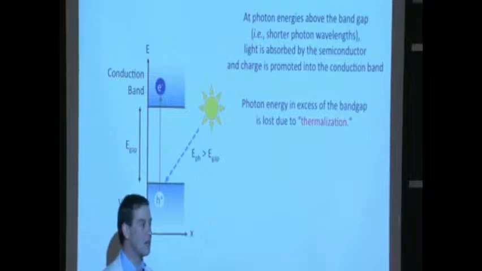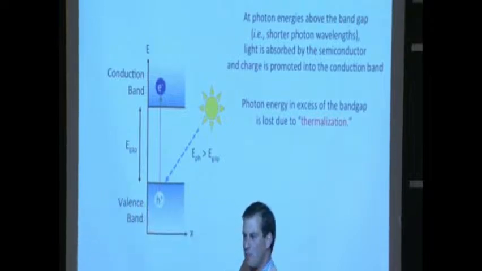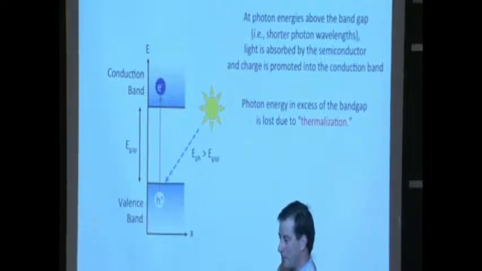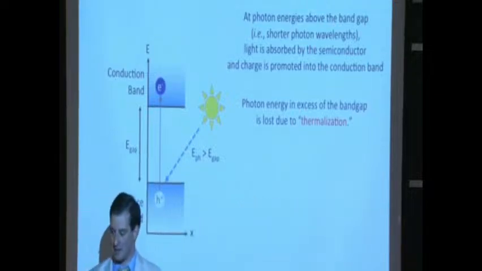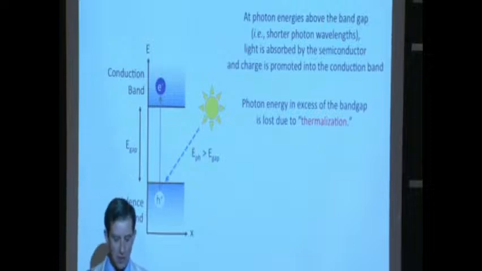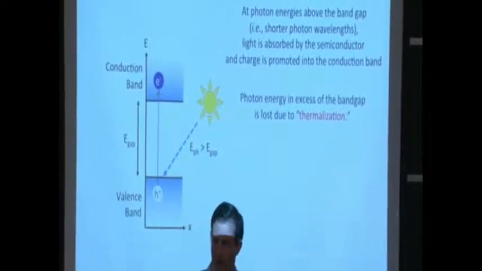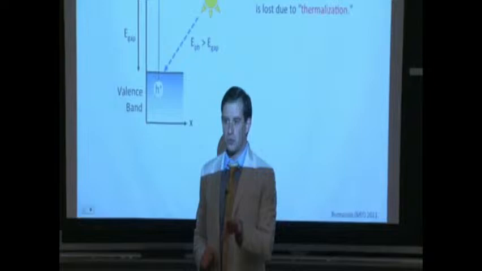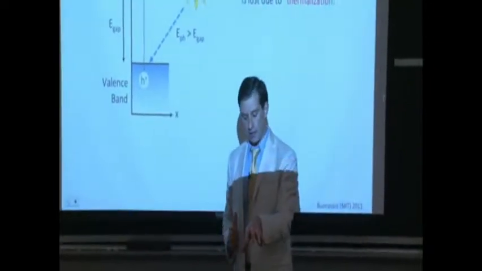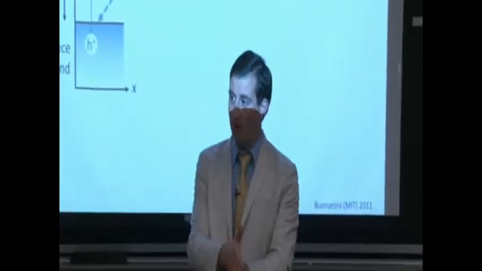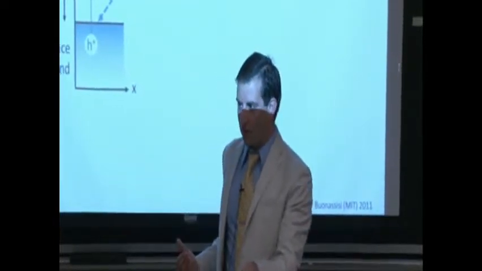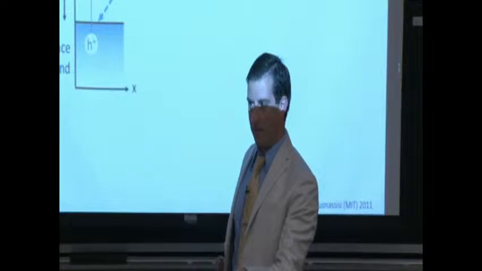An easy way to think about a hole is if you're in a big traffic jam, bumper to bumper, and something bad happened up ahead and backed up the traffic. Now imagine just removing one car from that highway. You've created a hole. So the car that used to be behind that hole moves forward, and the car that used to be behind that one moves forward, and the car behind that one moves forward.